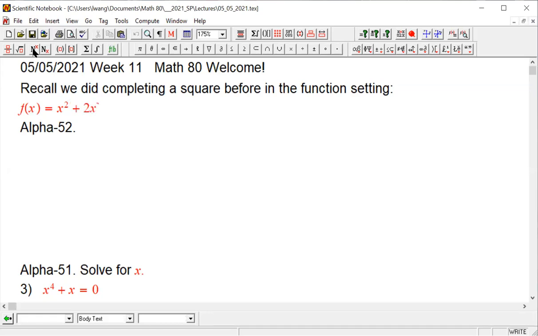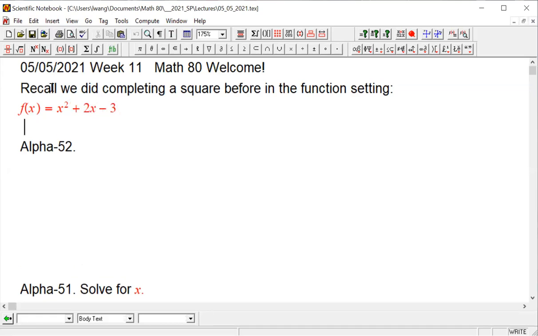Remember that example? What we did is that we're working on the statement. So when we are working on the statement, what we did there is that we add a number, we subtract a number, right? So we add a 1 and we subtract a 1. So we basically added a 0.